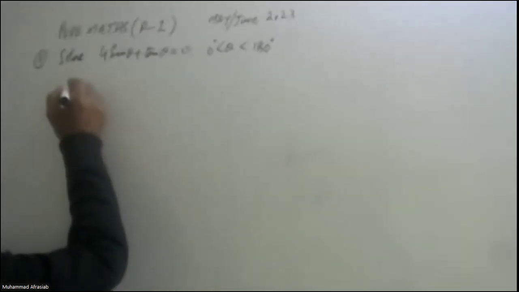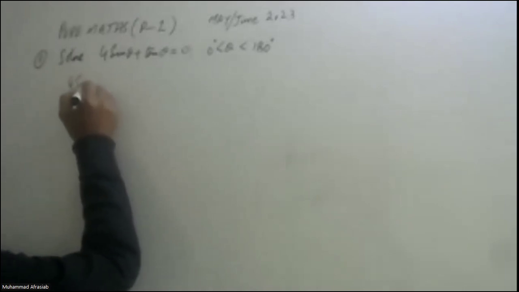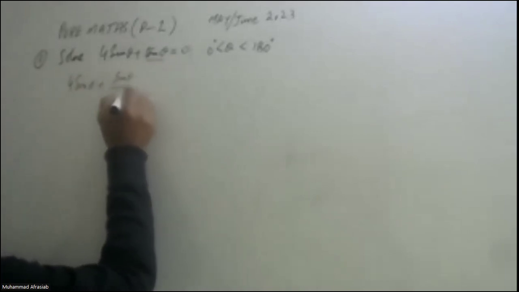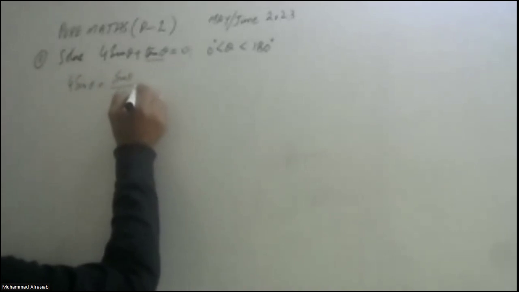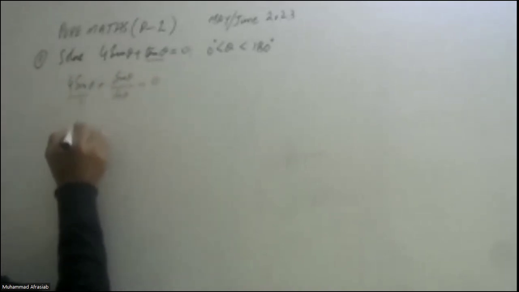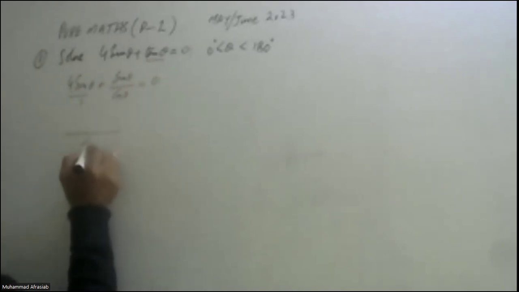We know that 4 sine theta plus tan theta can be converted in the form of sine theta over cos theta is equal to 0. Now you take cos theta as the LCM.